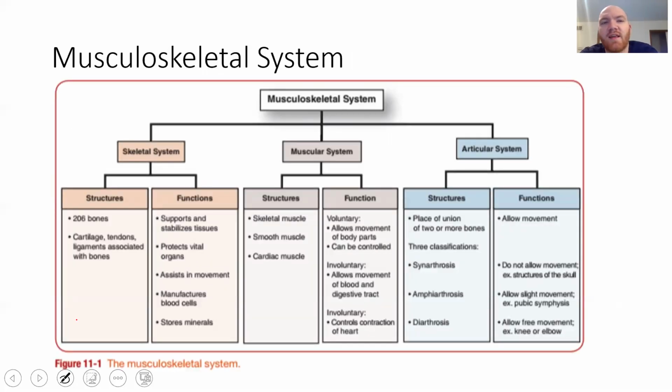All right, so moving on to the musculoskeletal system. There are different divisions, different types of muscle. There's the skeleton, which is your bones and that kind of thing. You have your muscles, which do the work: skeletal muscle, smooth muscle, and cardiac muscle. Cardiac muscle, heart muscle, is its own little category.